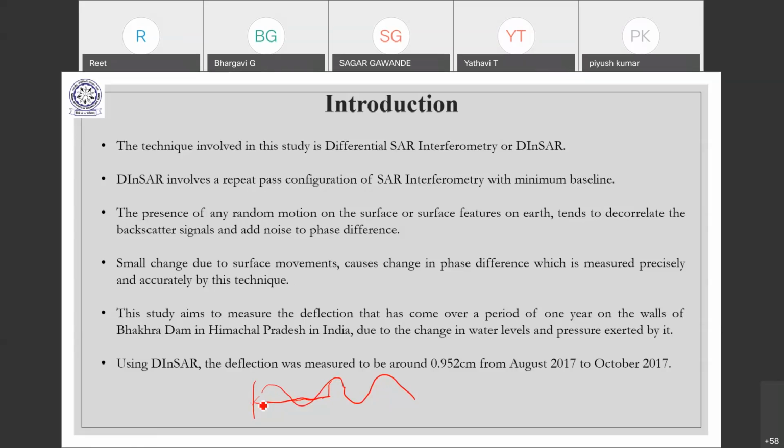So if the satellite is releasing the wave from here and it is coming up to here, then one wavelength we can say that this is the wavelength.